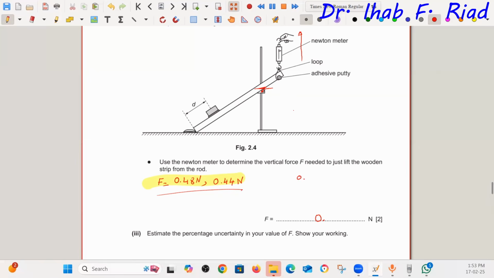Do you have your calculator around? Yes, I have it. So you can calculate it. 0.48 plus 0.44, divided by 2, is 0.46 newtons.